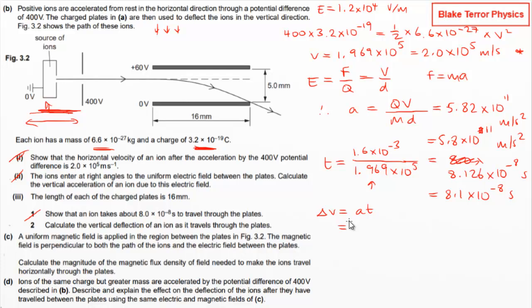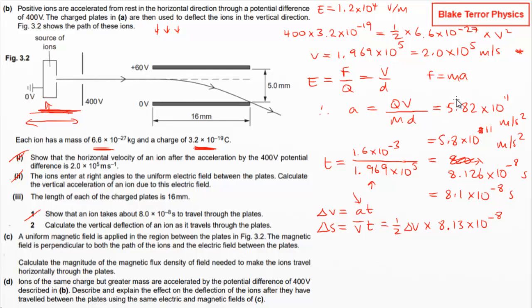Multiply all that together, that gives us our change in velocity. But to save a bit of space, let's go on to the next bit. So our change in displacement is the average velocity multiplied by the time. So that is half of the change in velocity multiplied by the time, multiplied by the 8.13 times 10 to the minus 8.